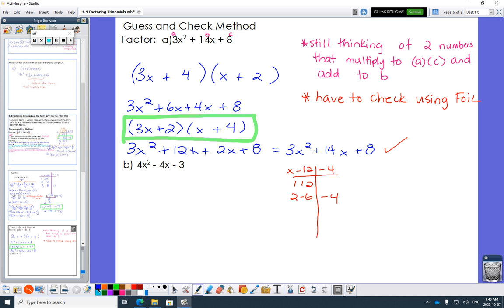So then it's going to be, yeah, I like decomposition.